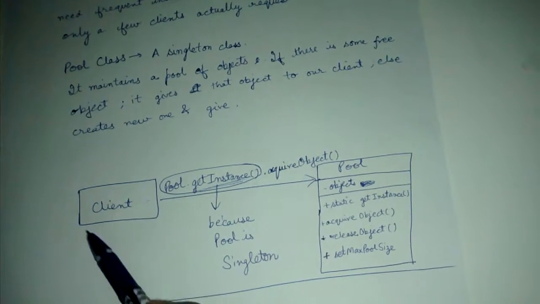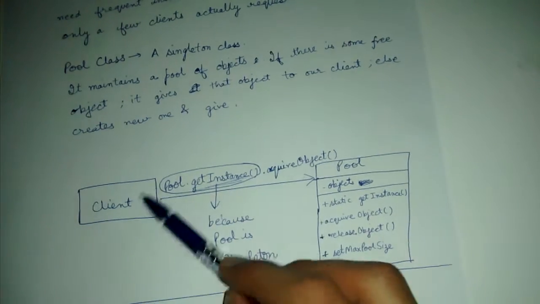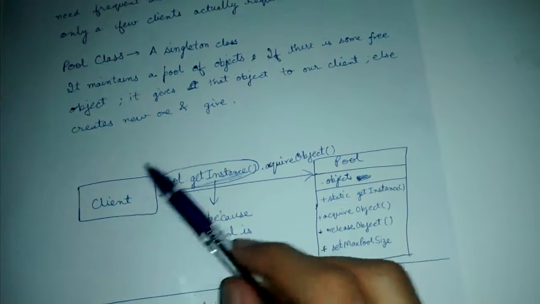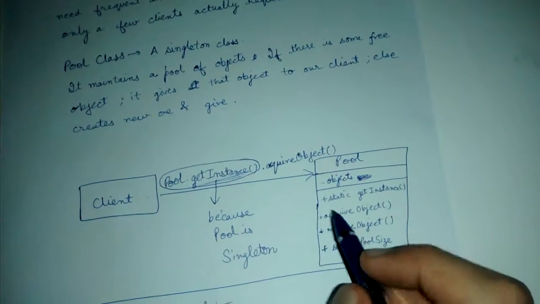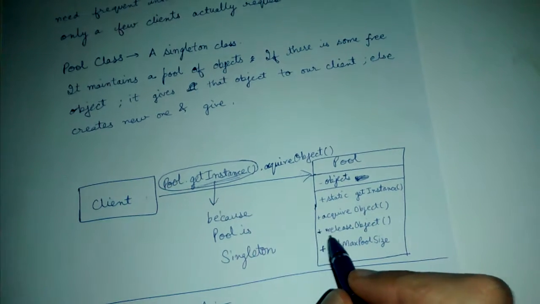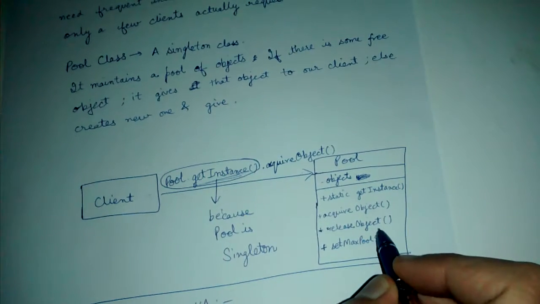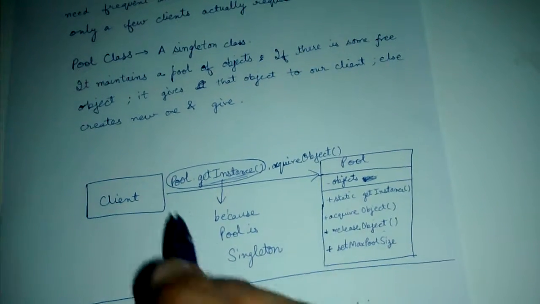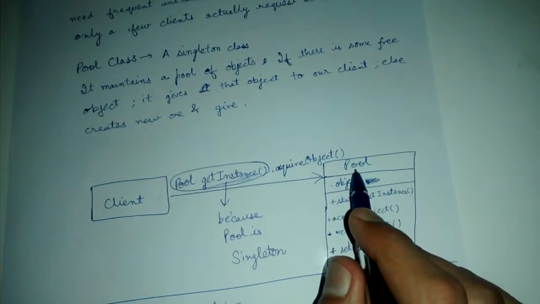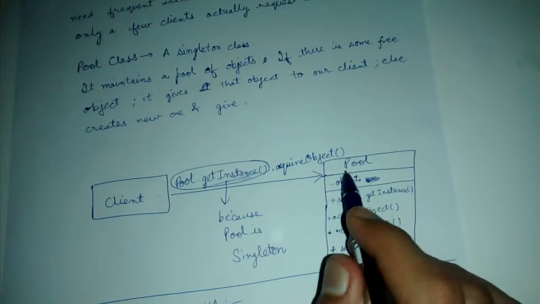And whenever my client is done calling all the methods and doing all the things it wants to do with the object which I have given my client, it calls this release object method. So the client says, I am done, you take your object back, you are free to do whatever you want with that object.